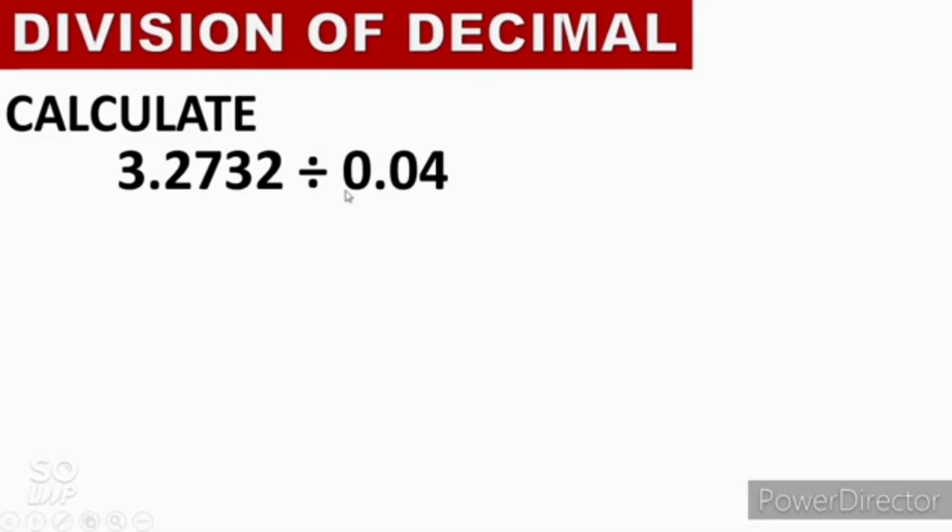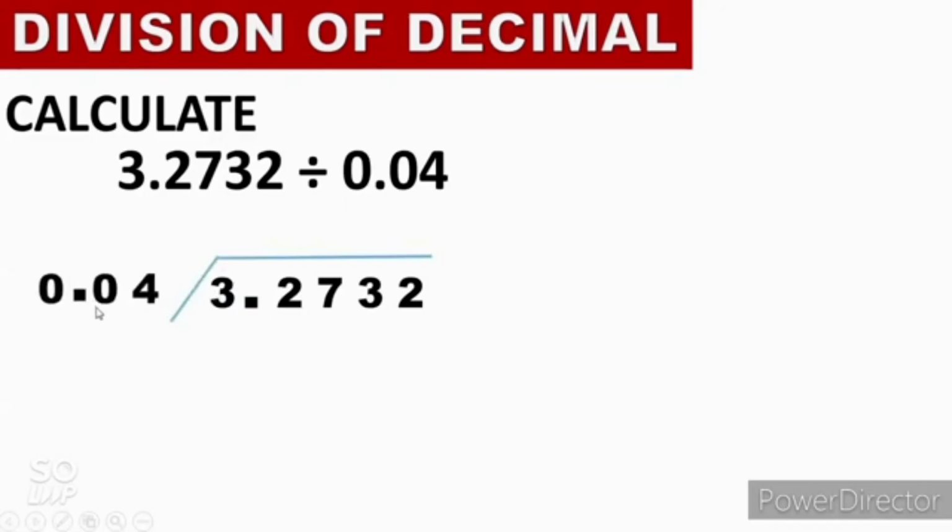Now let's proceed to the division of decimals. We calculate 3.2732 divided by 0.04. Again, we're going to rewrite: 3.2732 is the dividend, and we have 0.04 for the divisor. The next step is we're going to make the divisor a whole number.